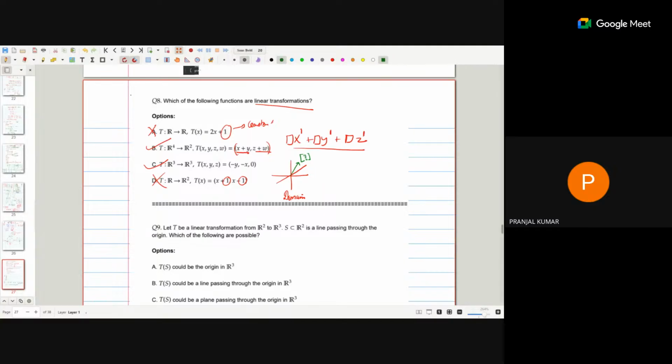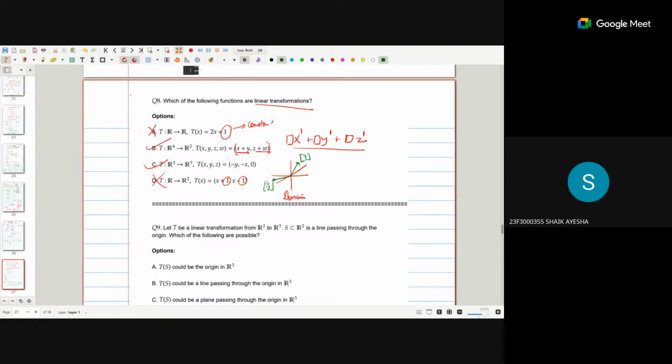After transformation, it would become minus 3, minus 4, 0. That is a vector in the xy plane. So this vector was mapped to this vector.